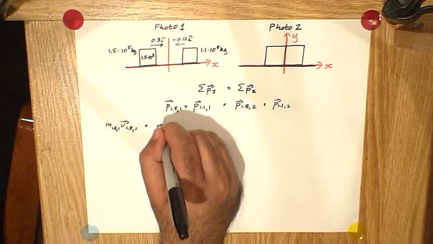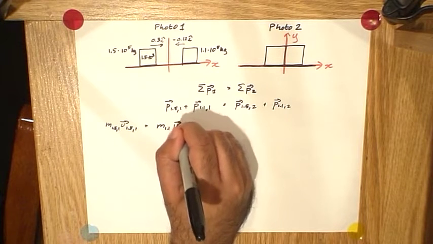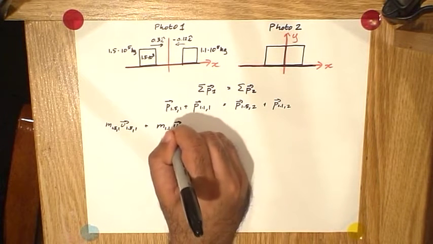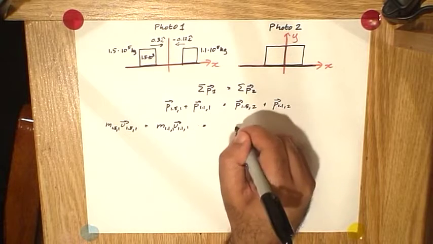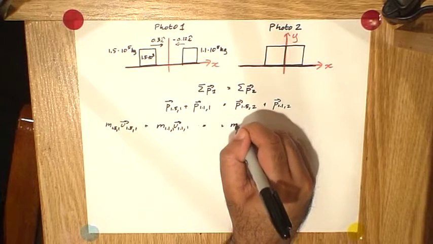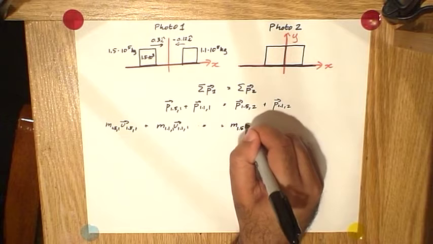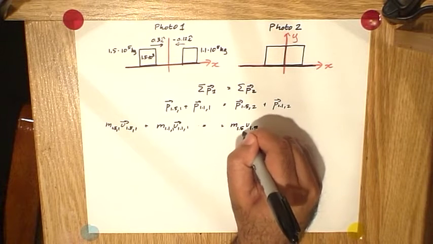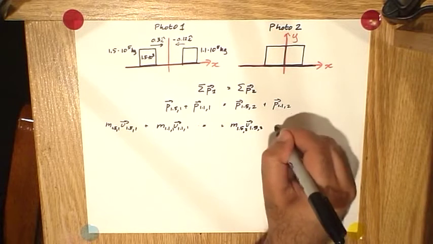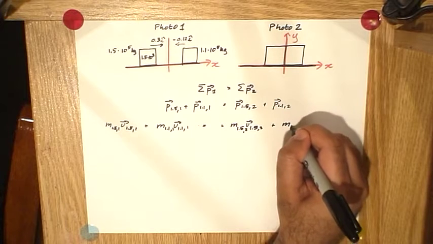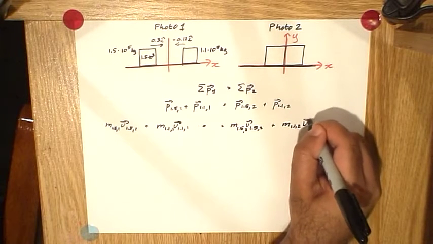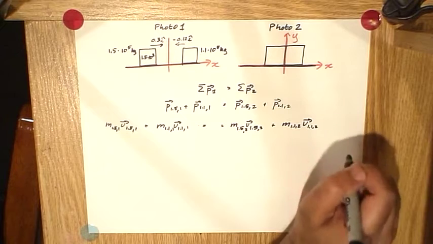plus the mass of the 1.1 times the velocity of the 1.1, both in photo 1, is equal to the mass of the 1.5 times the velocity of the 1.5 in photo 2 plus the mass of the 1.1 in photo 2 times the velocity of the 1.1 in photo 2.